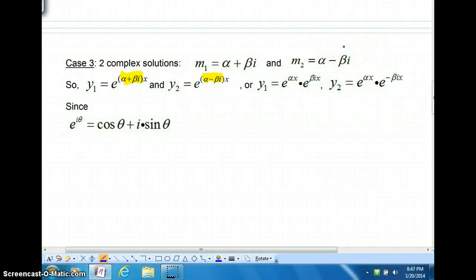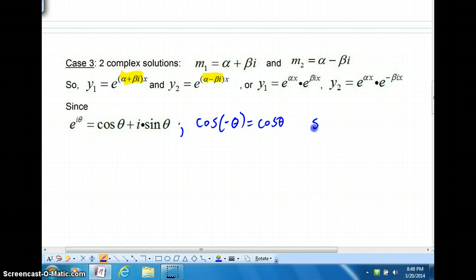Well, Euler did some great work showing that e to the i theta is equal to the cosine of theta plus i sine of theta. Also, some reminders. Cosine is an even function, so the cosine of the opposite of theta equals the cosine of theta.